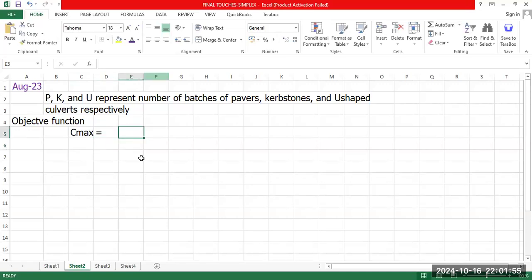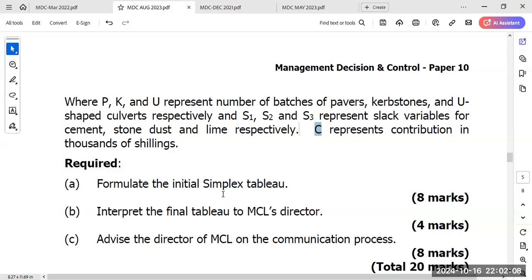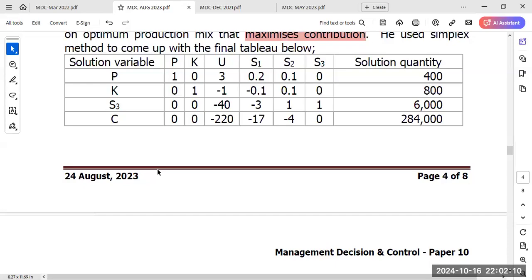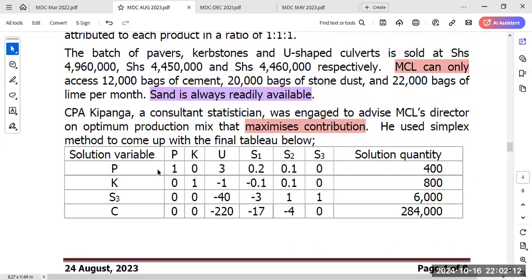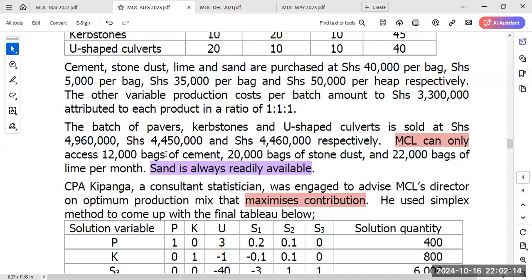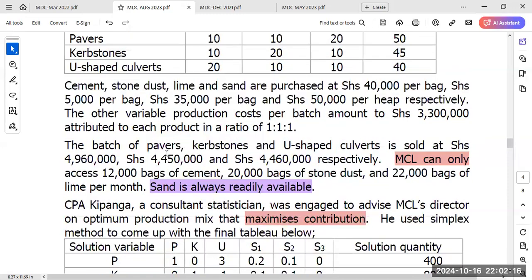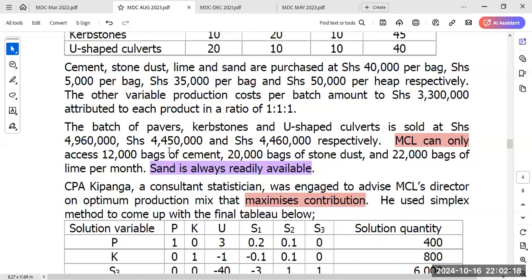Do we have the contribution? We don't. At this point, you don't know the contribution. You have to look for it. In the last question, the contribution was clearly given, but here it is not given.